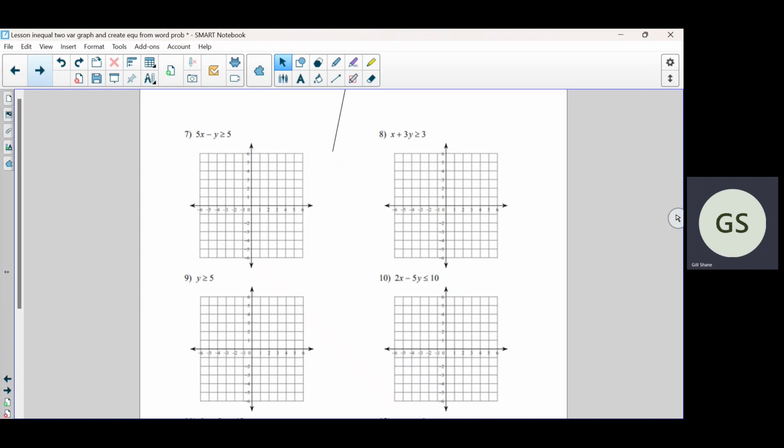This is not your sheet, so I do want you to go ahead and do that then. I'll give you graph paper. Just pass it around.